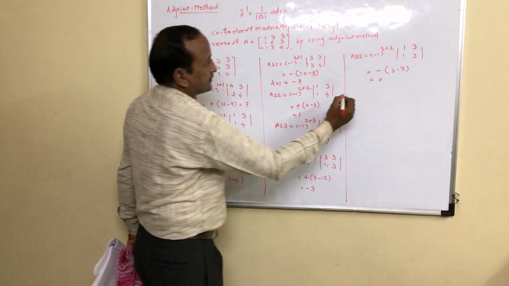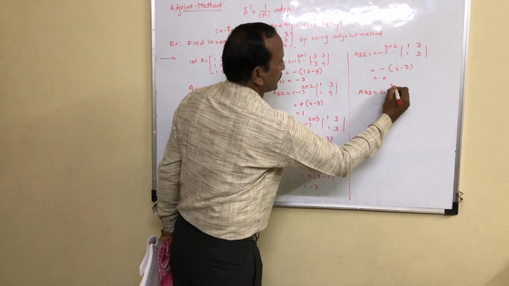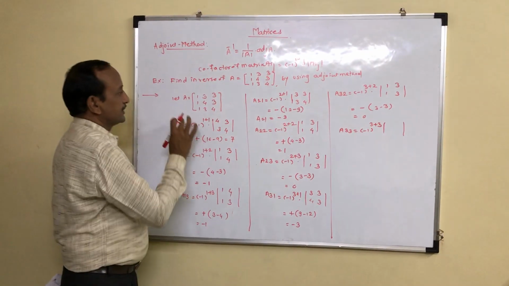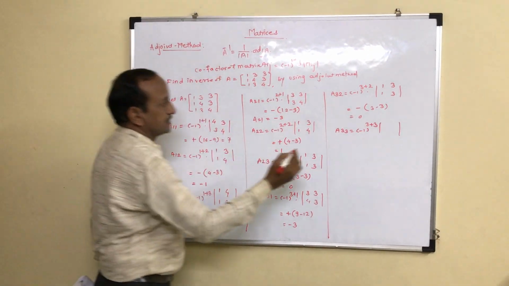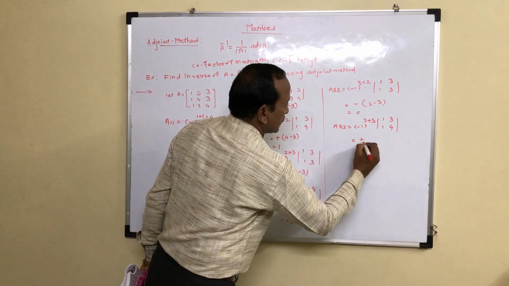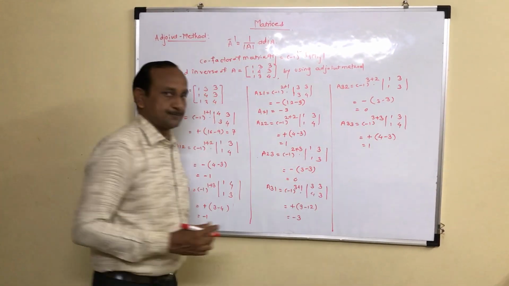Now find A33, minus 1 raised to power 3 plus 3 into minor, delete third row third column, minor is 1 3 1 4, plus into bracket 4 minus 3, which is 1.